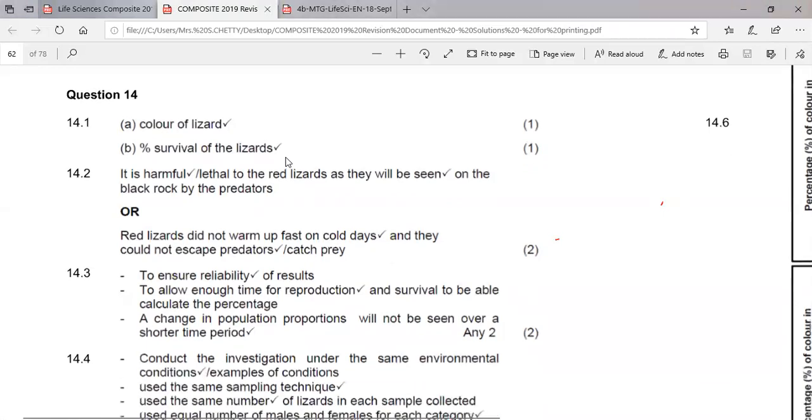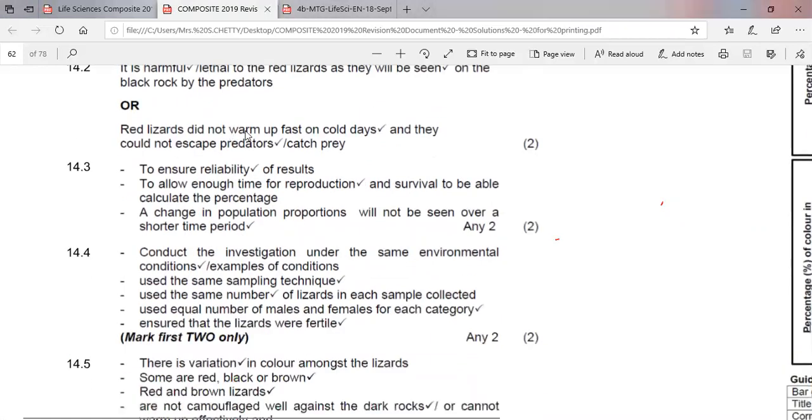So that red one, of course, is a harmful or a lethal mutation. Remember I told you previously, a mutation can be advantageous and a mutation can be disadvantageous. So here it's a harmful mutation, as they will be seen or spotted by the predators. Or red lizards do not warm up fast on cold days and they could not escape the predators. Remember, the black lizards could run.